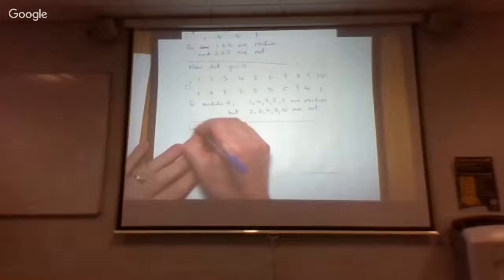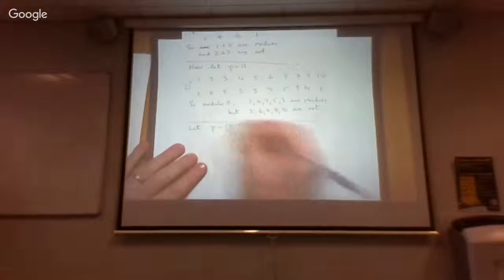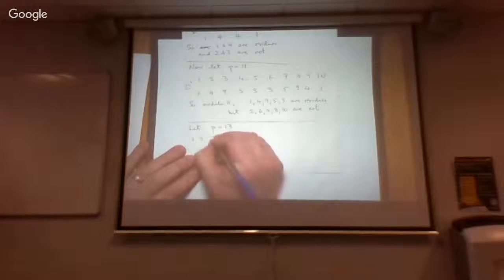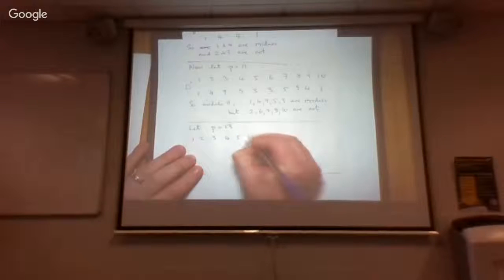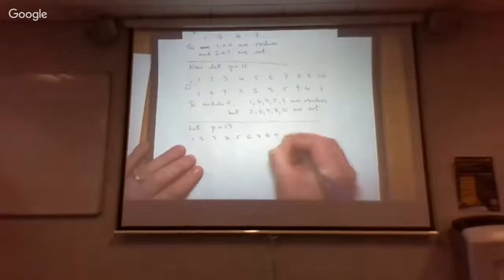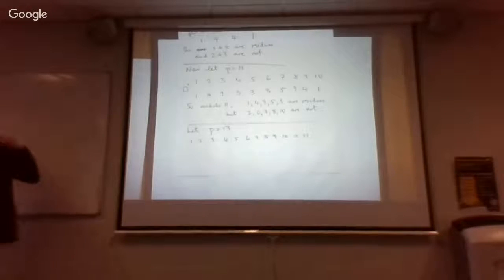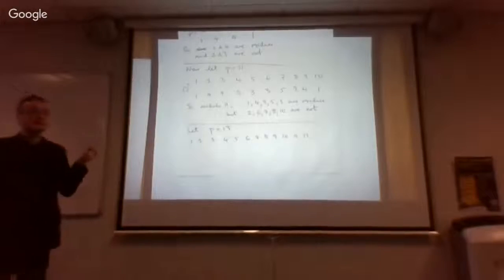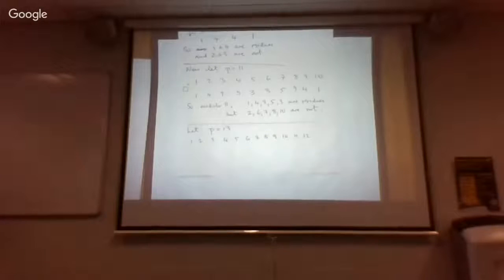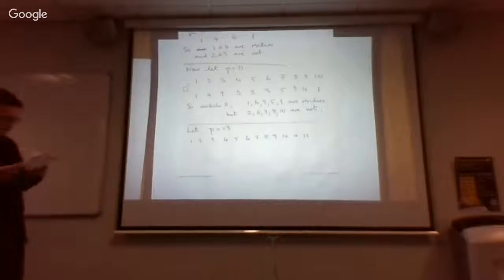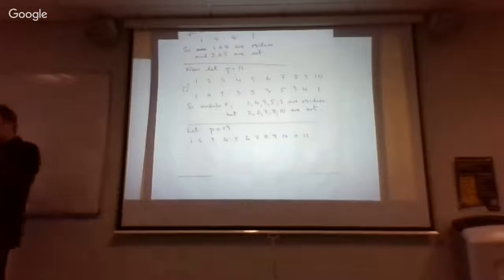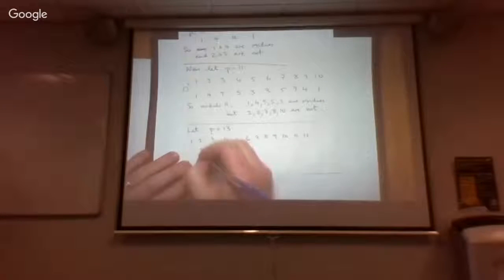So now let p equal 13. So we've got 1, 2, 3, 4, 5, 6, 7, 8, 9, 10, 11, 12. These are the congruence classes modulo 13. Okay, let's quickly square them all. Pre-prepared this just so I don't tie myself up in knots.